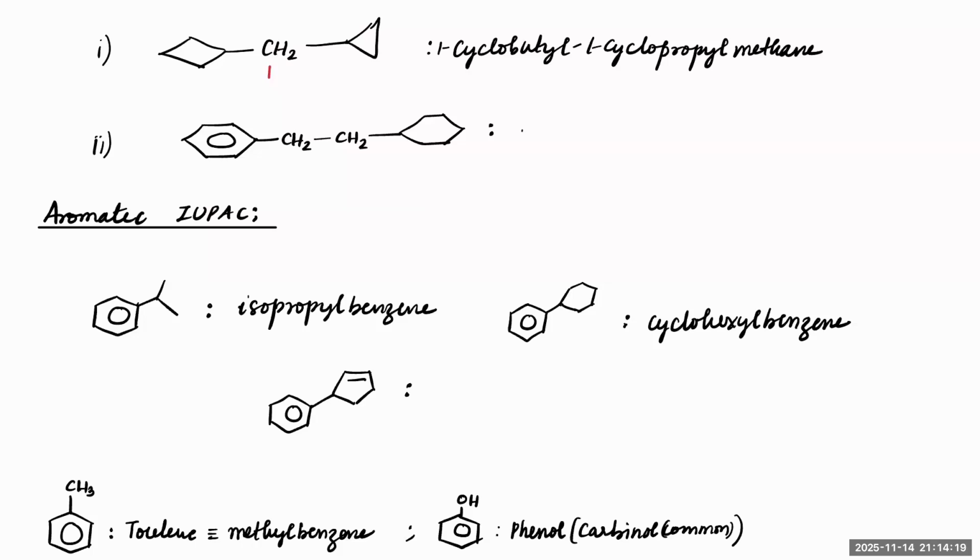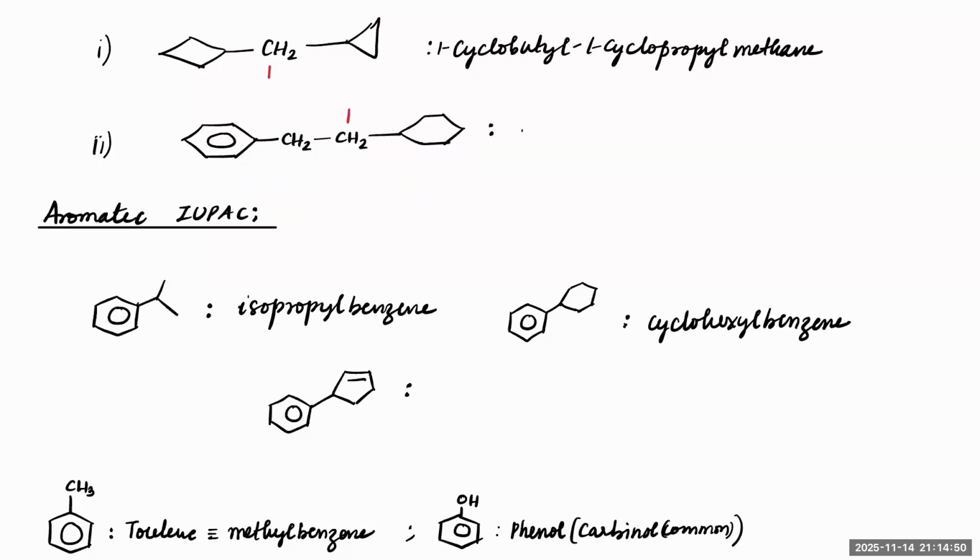Clear? So what will be the next one's name? Again, we have two rings here. Now, since both of them are present, you need to check alphabetically. This is six-membered, and this is also six-membered. The six-membered ring here starts with C, cyclo. Here it starts with phenyl, P-H-E-N-Y-L. So which one should be given priority? C should be given priority.